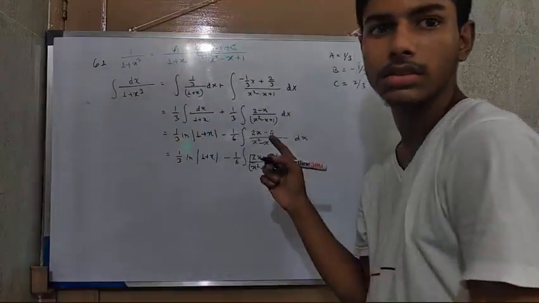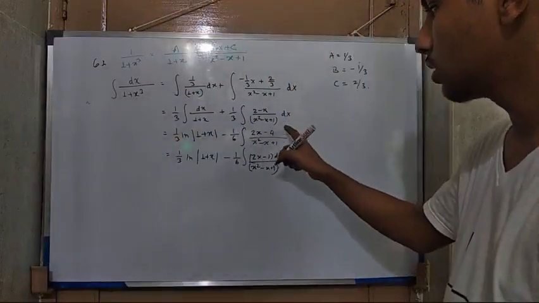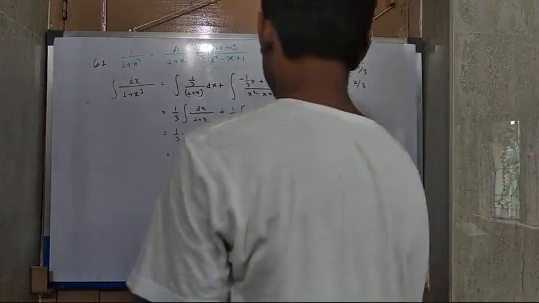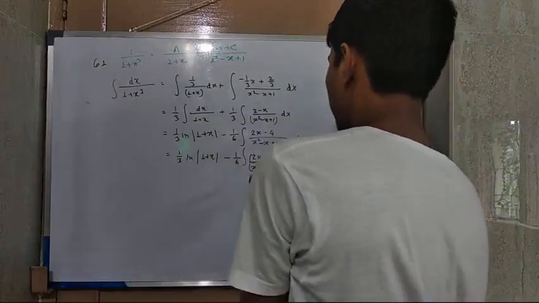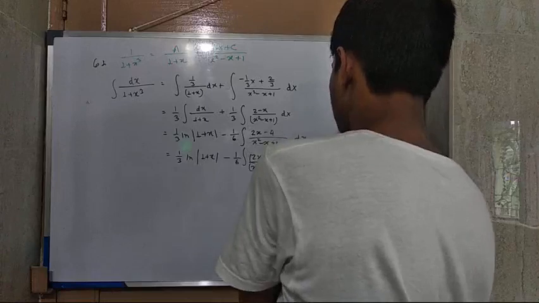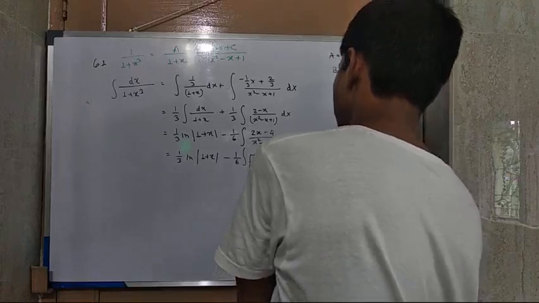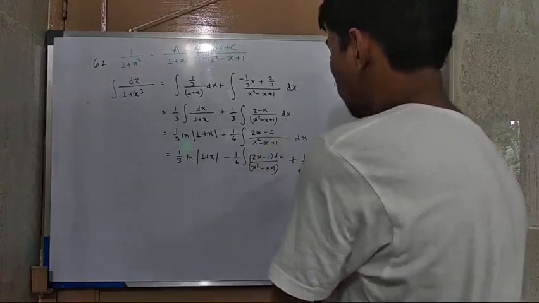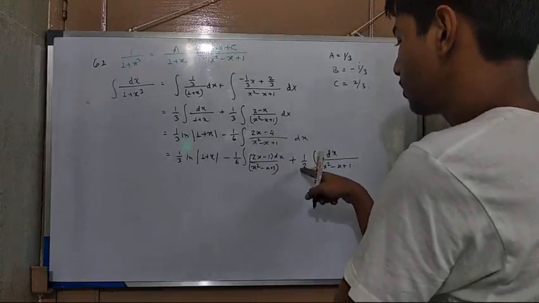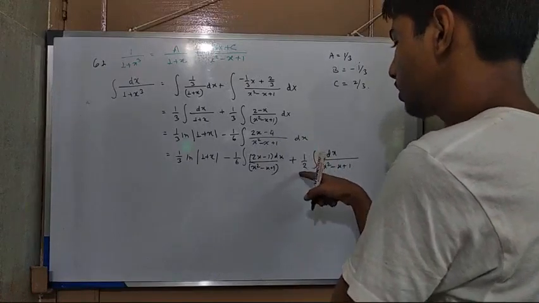So there is another minus 3 here, so this will become half integral dx by x squared minus x plus 1, because this is 1/6, that means 3 is on the top and 6 in the below.